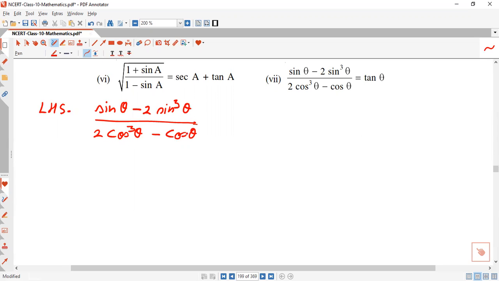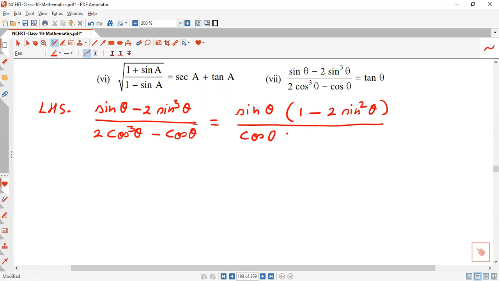So sin theta in the numerator common: 1 minus 2 sin square theta, divided by cos theta common: 2 cos square theta minus 1.